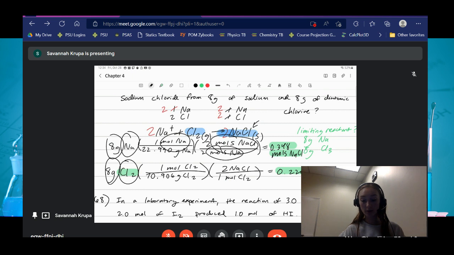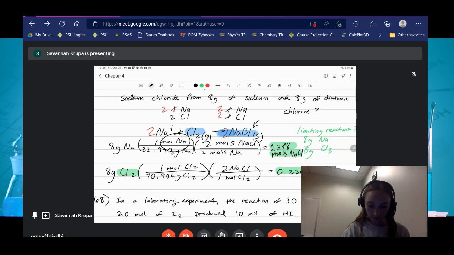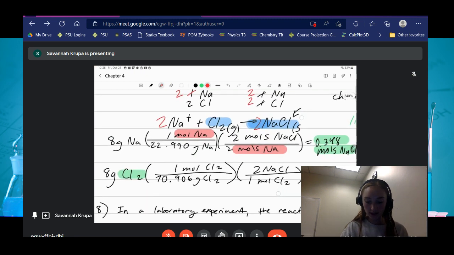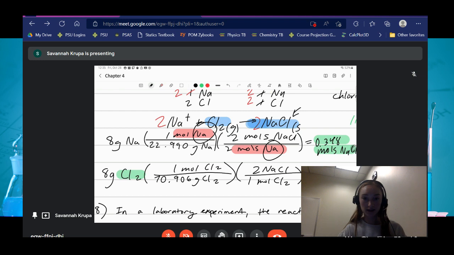It doesn't go on the bottom, because let me just erase that so it's not very messy. Right here, we have moles of sodium. Our units in the end need to be moles of sodium chloride. So the red highlight that I have here, we need to make sure that we don't have any units of just sodium, so we use that ratio to cancel Na out.